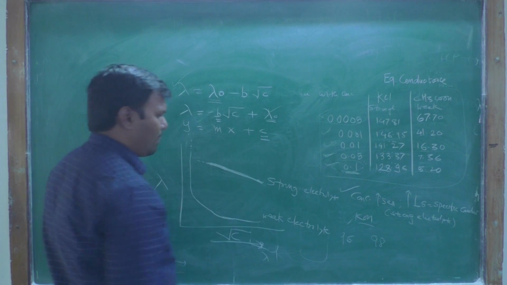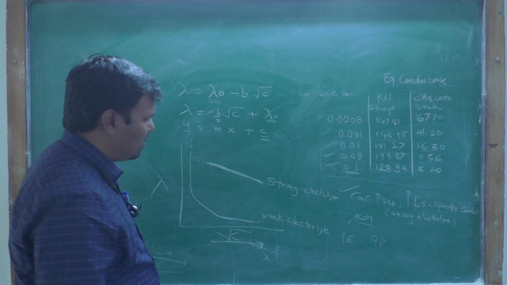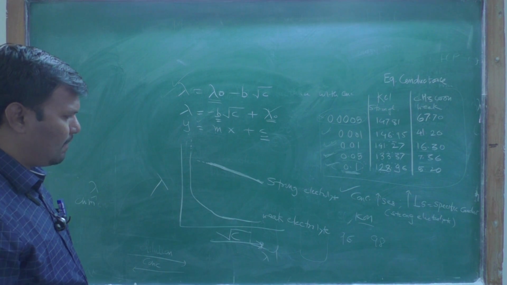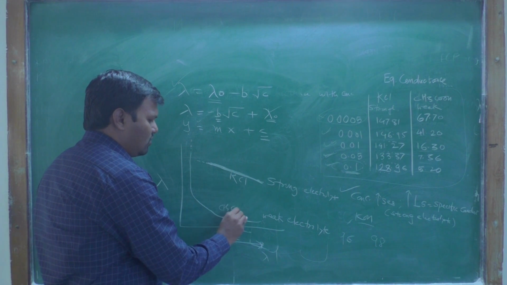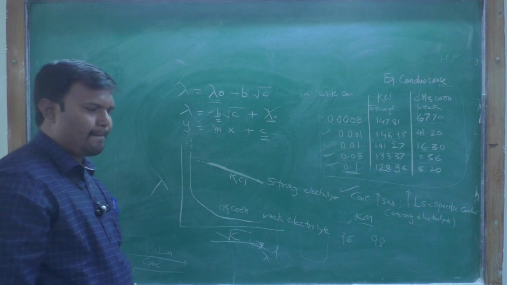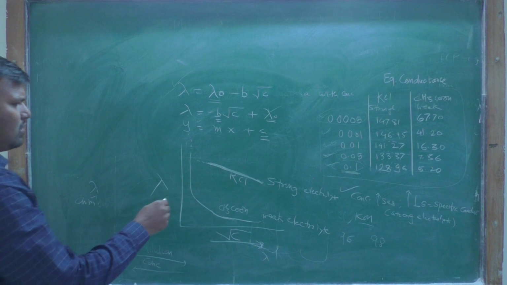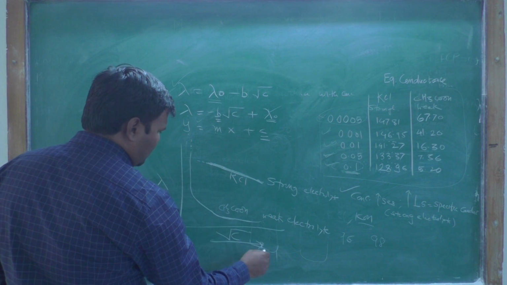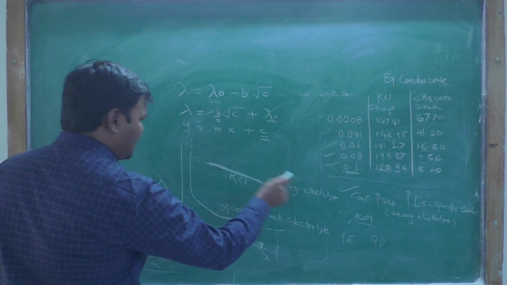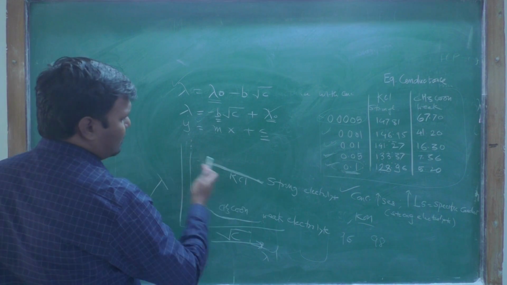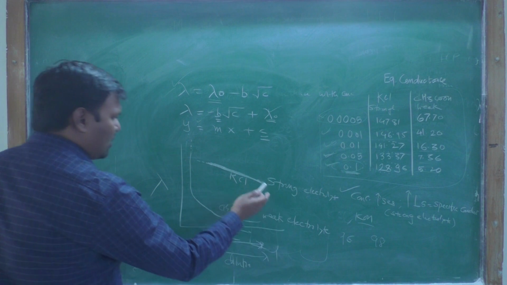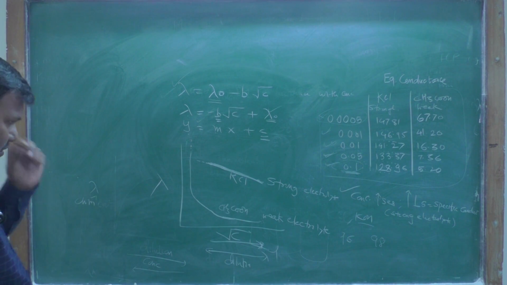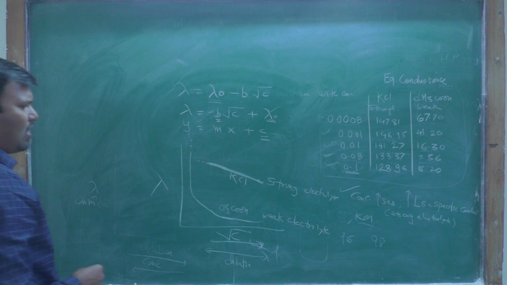The strong electrolyte is KCl and the weak electrolyte is CH3COOH. When you consider concentration increasing on this side, and dilution increasing on the other side, dilution increases as more and more water is added.